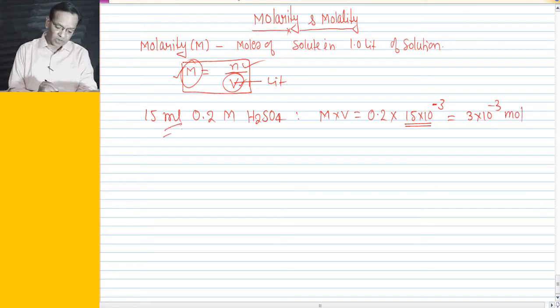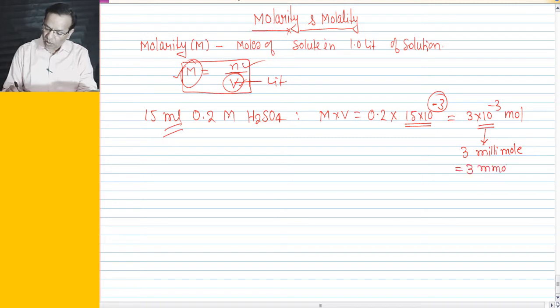So if volume is in milliliter, this 10 raised to the power minus 3 factor will come again and again. So for this 10 raised to the power minus 3, we can write it like 3 millimole, and usually it is written as 3 mmole. So this means millimole. So now we can say that if we multiply molarity directly by the volume in milliliter, we obtain millimole.